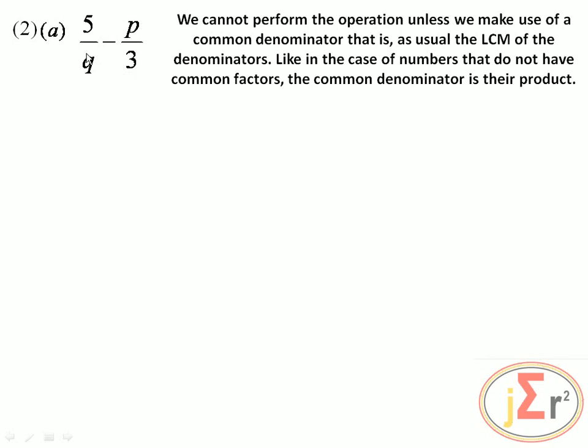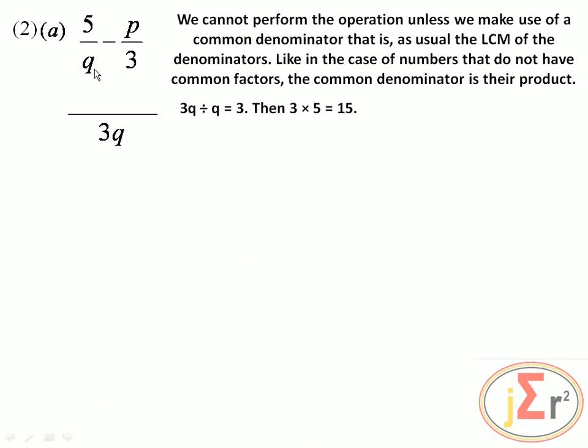And if we had 4 and 3, the common denominator would have been 4 3s are 12. Therefore, we have no difficulty in understanding that if the denominators do not have common factors, the lowest common multiple of both of them will be the product of the two. So we will have the product of Q and 3, and that will be 3Q.